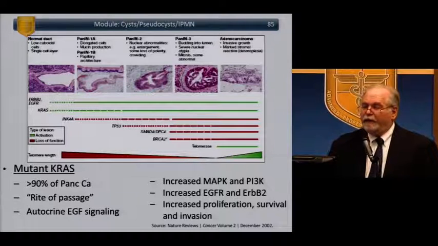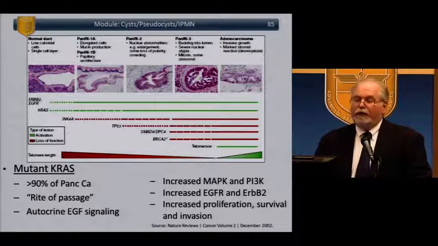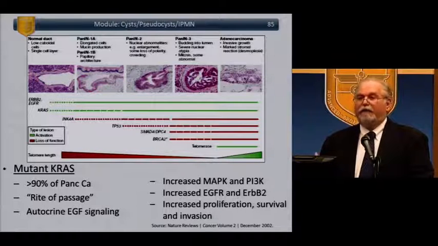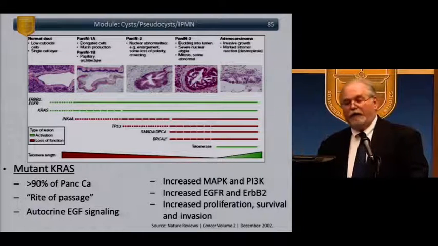And again, there are multiple mutations within this area. There's PanIN-1A. PanIN is pancreatic intraepithelial neoplasia, which is DCIS of the pancreas. PanIN-1A, PanIN-2, PanIN-3, and then adenocarcinoma.